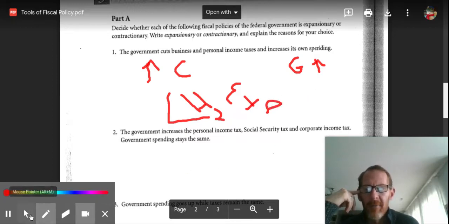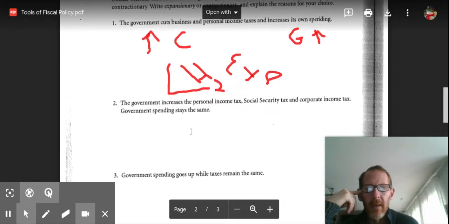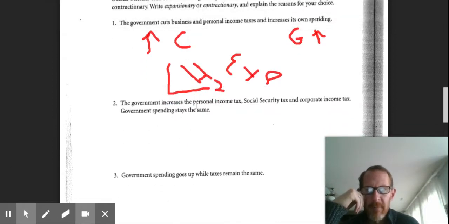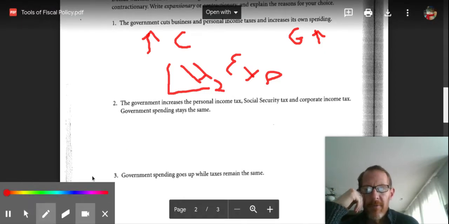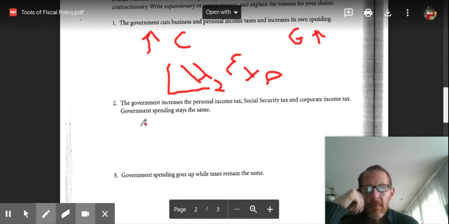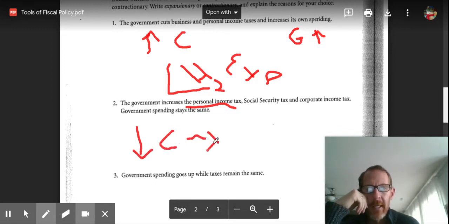However, if the government increases taxes, well, that would be really bad for our aggregate demand. If we increased personal income tax, the consumption part, the C, which you already know about, would go down, and that would lead to a decrease in aggregate demand.